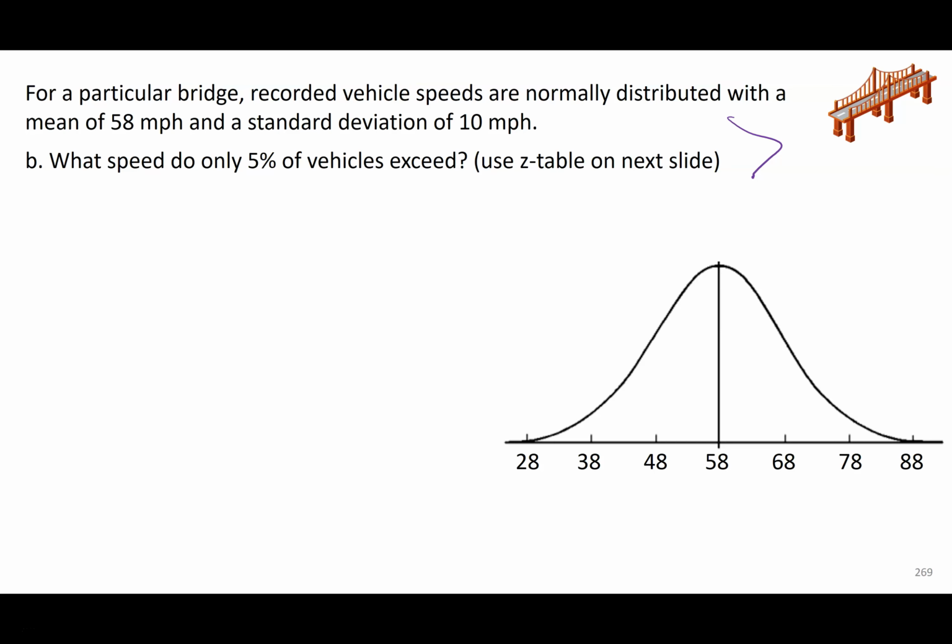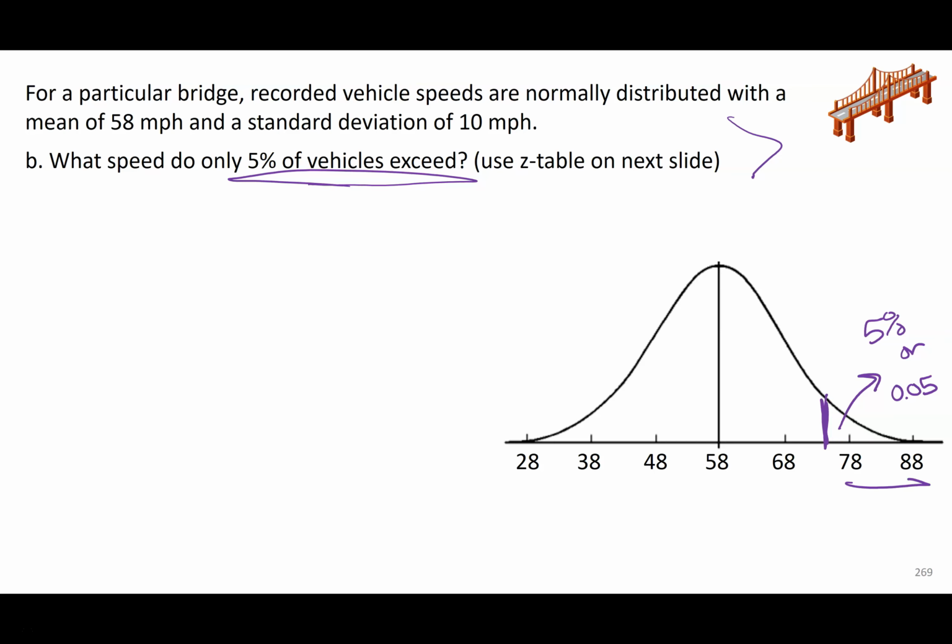What speed do only 5% of vehicles exceed? So we want to know 5% above. I'm just drawing a line here, roughly, and I want to know 5%, or 0.05, right here. Well, I don't want to use, per se, the 5th percentile.